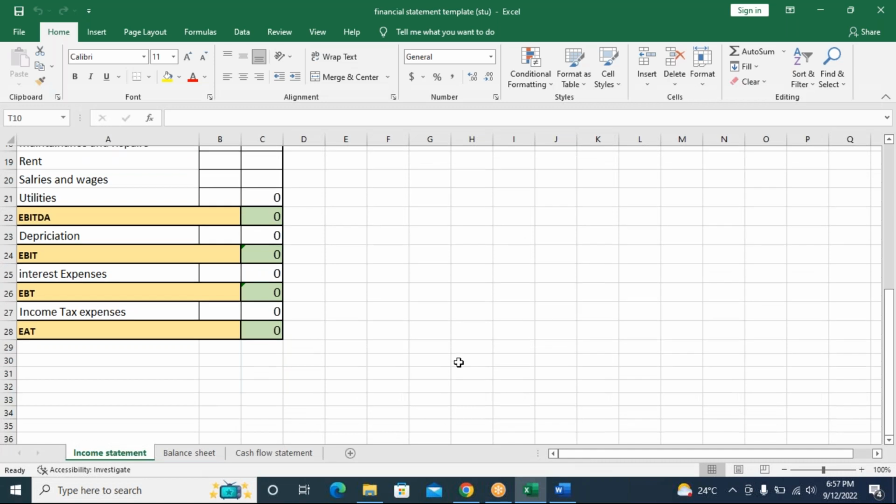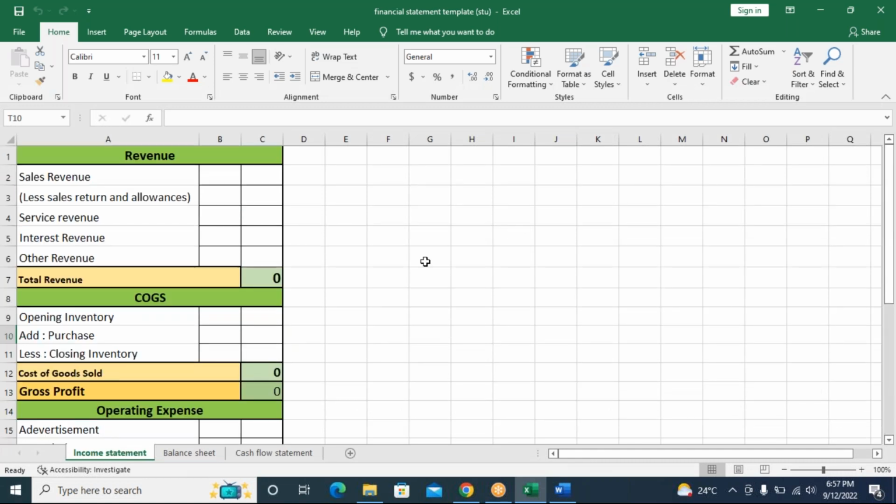I'll explain it with an example to understand it better. First we will take a purchase that is happening. We'll call it example 1. Here I'm going to show the quantity I'm purchasing, the rate, and the total amount.